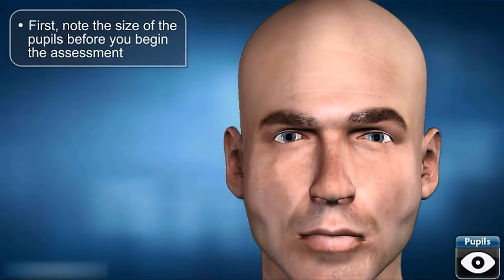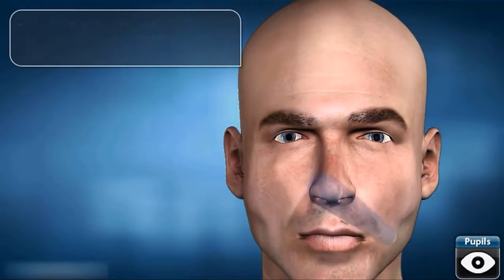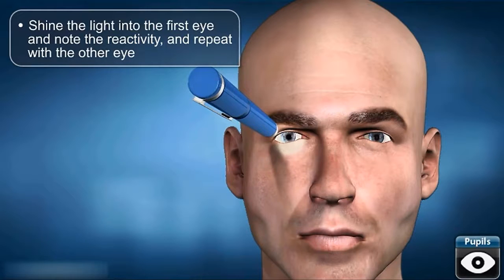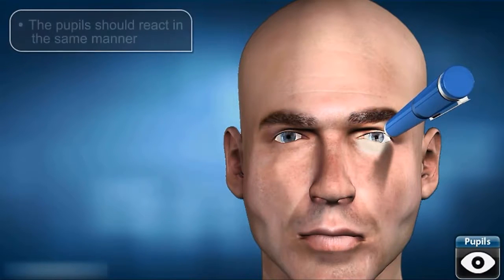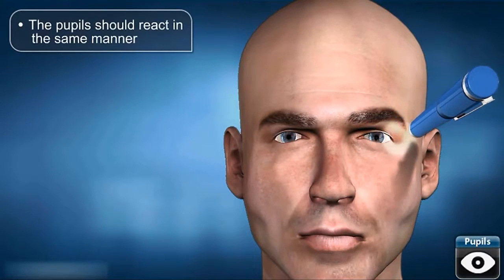First, note the size of the pupils before you begin the assessment. Shine the pen light into the first eye. Note the reactivity and repeat with the other eye. The pupils should react in the same manner.